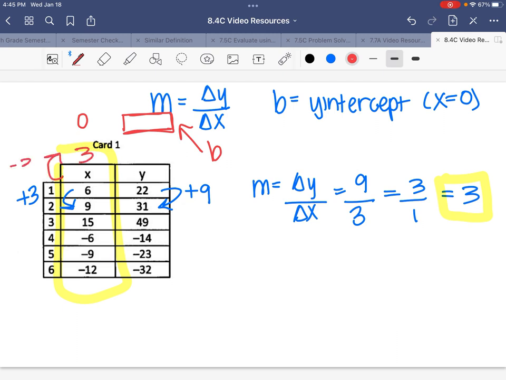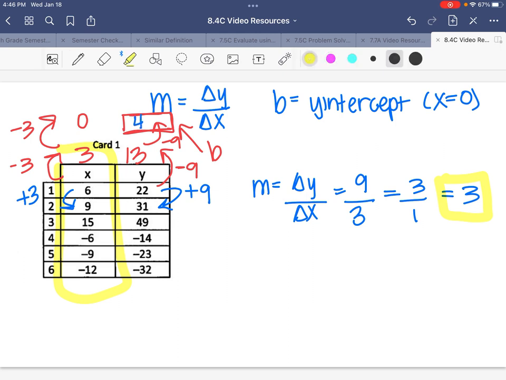and if I take 3 away, now x is 3, which means on my y side I would need to take 9 away. And so 22 take away 9 is 13. And I'm not quite there again, so I would take away 3 more, which gets me to x equals 0, and I would take away 9 more from 13, to get a y-intercept of 4.